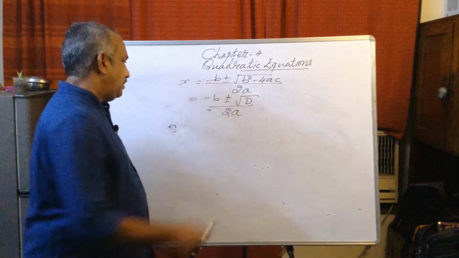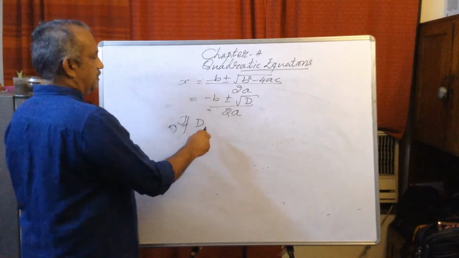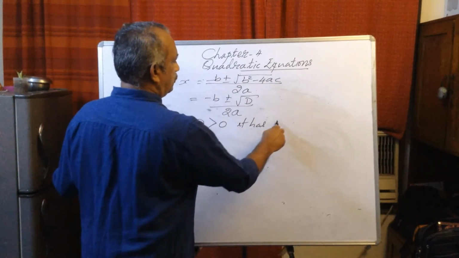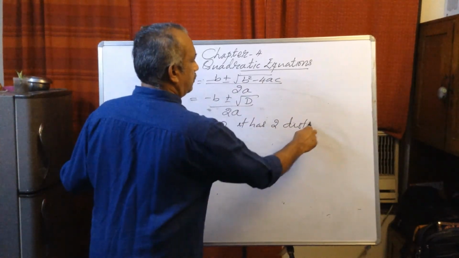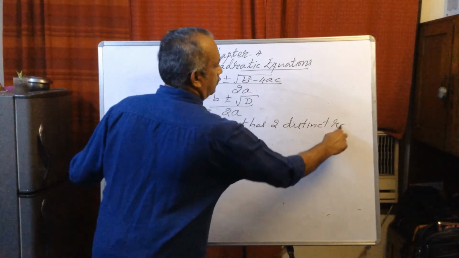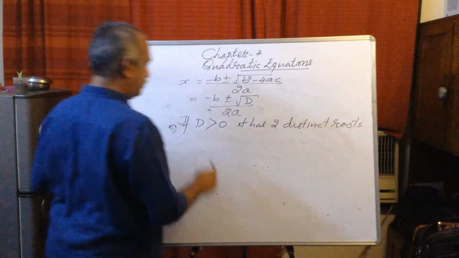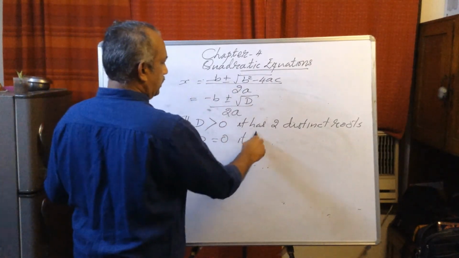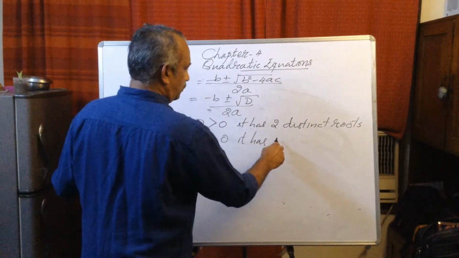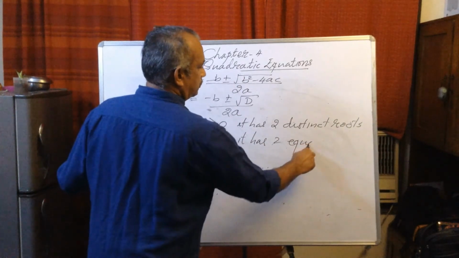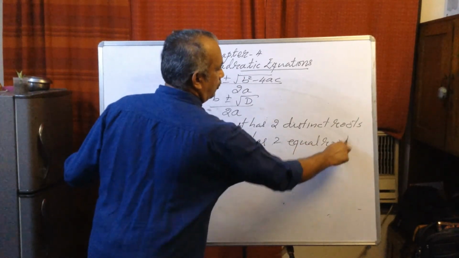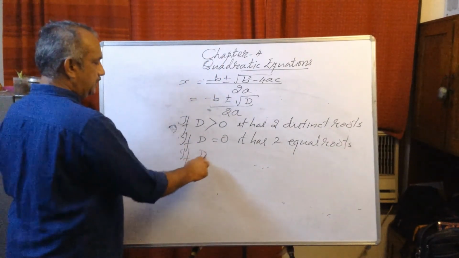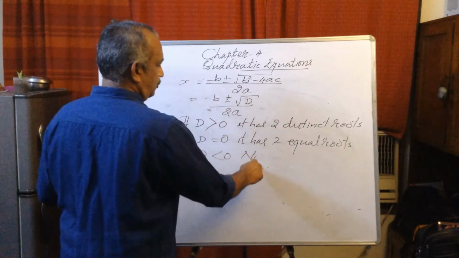If D is greater than 0, it has two roots. If D is equal to 0, it has two equal roots or one root, and if D is less than 0, no root.